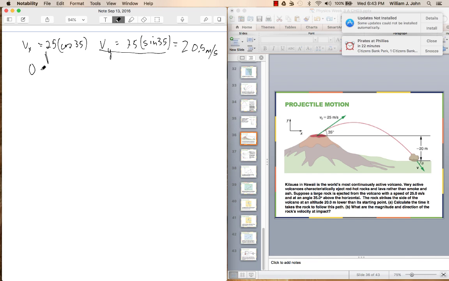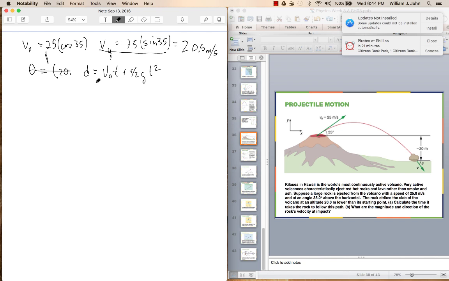Now remember, at this top here, the V is 0, so we can do a calculation very similar to what we did the last time. Actually, we don't need to do it that way. What we can do is we can know that D is equal to V0t plus 1/2 GT squared, okay?